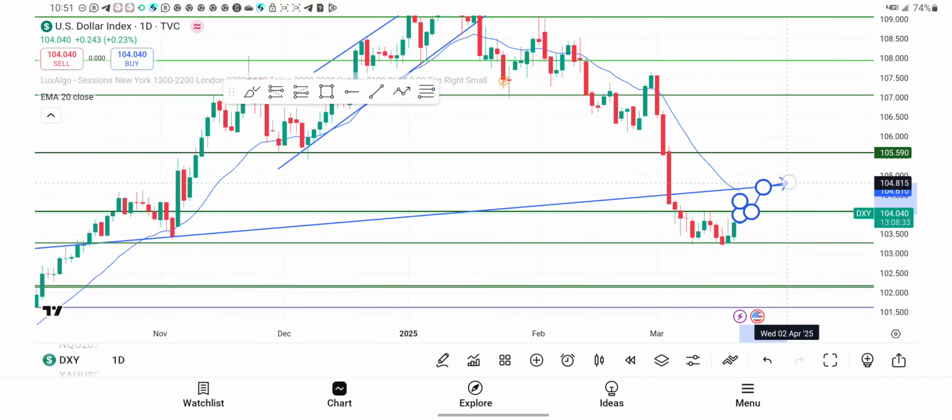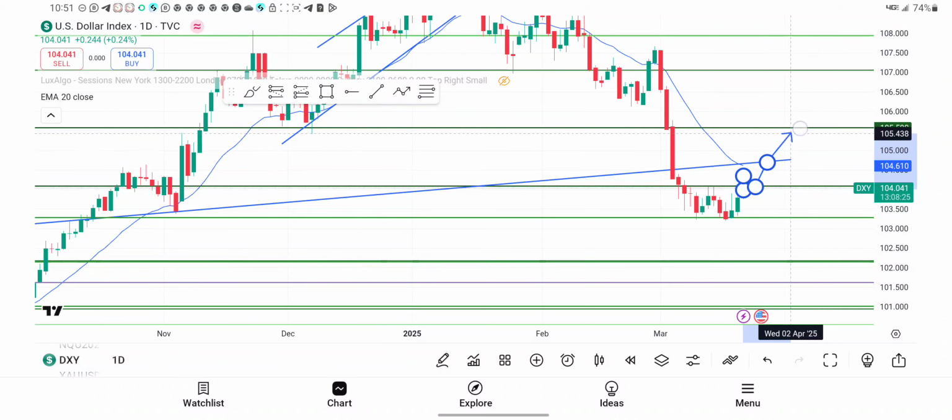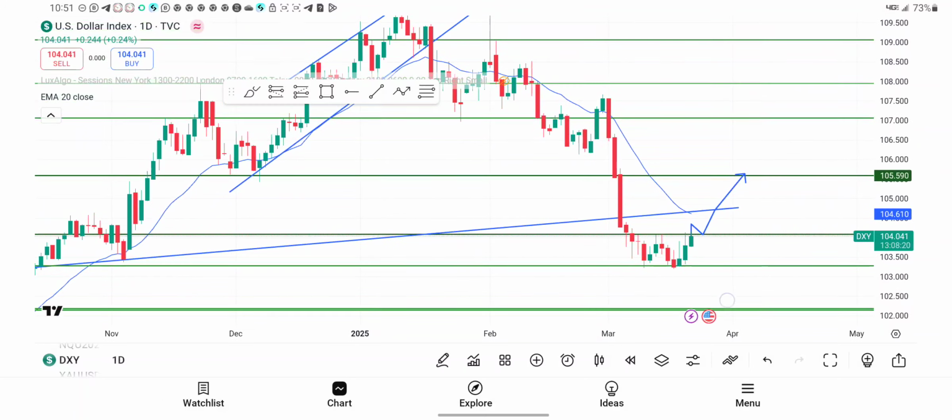Then I get a breakout from that level to the upside, something like that. This is one scenario I'm watching now. Why am I watching for this scenario to play out?